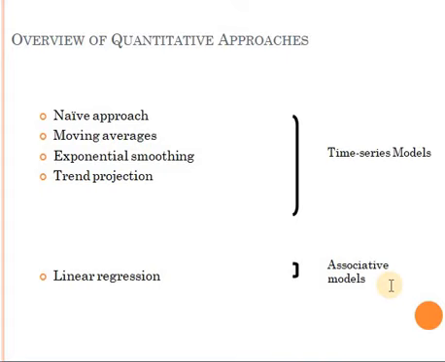Time series will tell you what happened. The associative model will tell you why this happened. So in this lecture we're going to study the linear regression model as part of the associative models. The rest of the time series models you will take in more detail in the future.